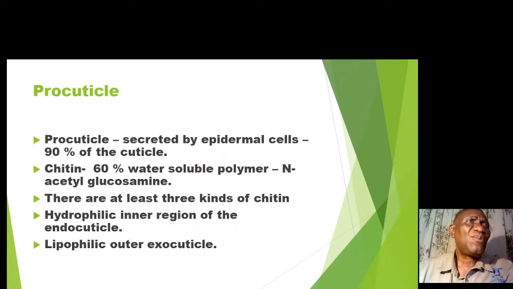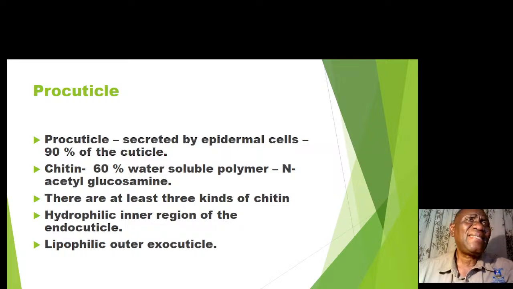Then we have something called the procuticle. This is secreted by the epidermal cells. That is 90% of the cuticle. Then we have got the chitin, which is a 60% water-soluble polymer, N-acetyl glucosamine. That is the chitin.